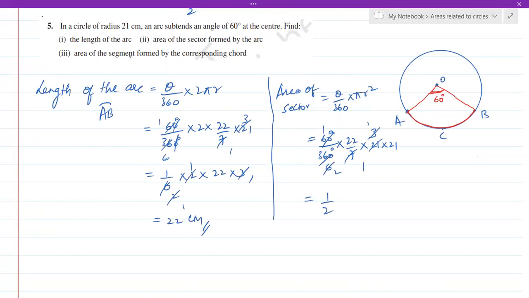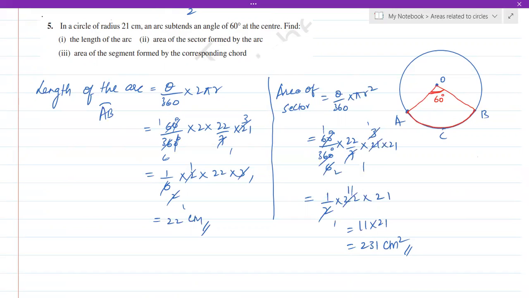So what is left out? 1 by 2 into 22 into 21, isn't it? So 2 ones are 2, 2 11s are 22. So 11 into 21, that becomes 231. Okay, if you multiply it, you get 231 centimeter square. This is area, so the unit will become centimeter square.